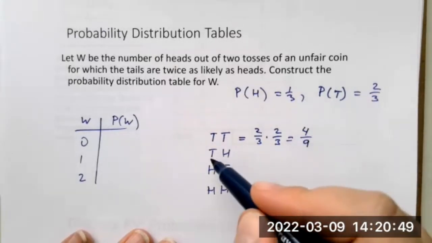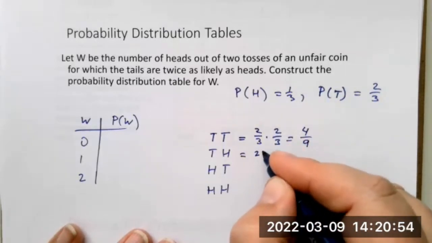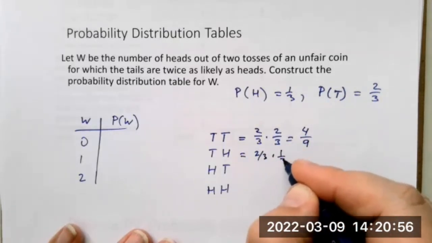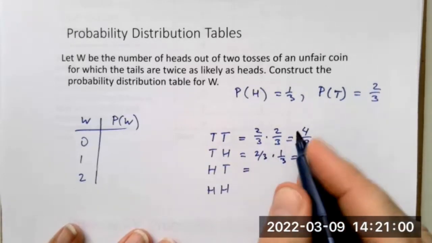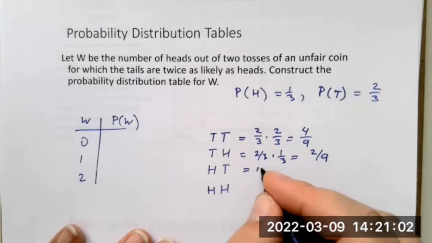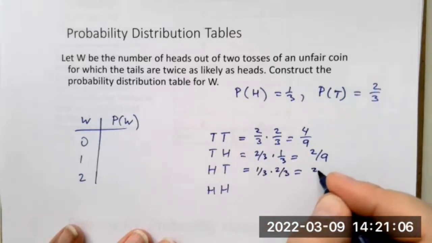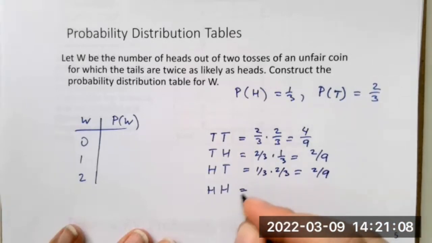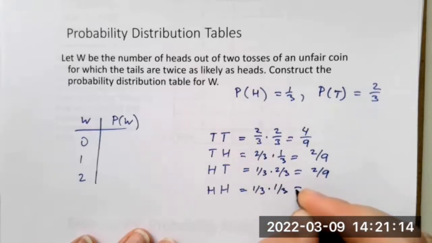Then tail followed by a head would be 2/3 multiplied by 1/3. That's going to be 2 out of 9. And then same thing, 1/3 times 2/3. That's 2 out of 9. And then both heads would be 1/3 multiplied by 1/3, which is 1 out of 9.